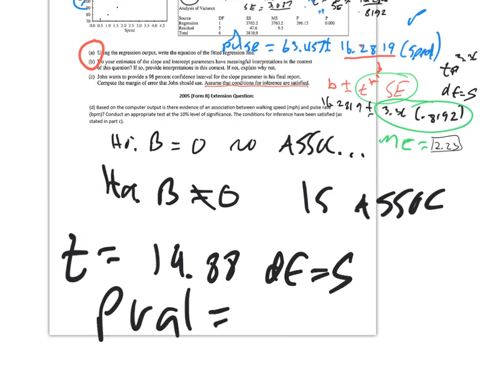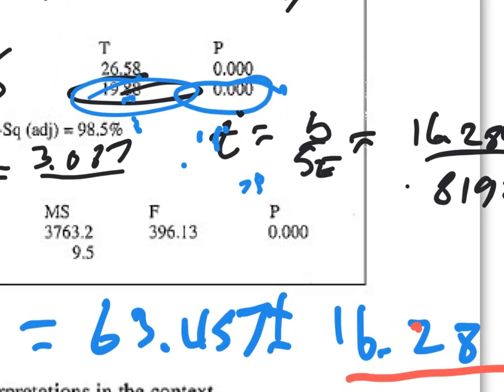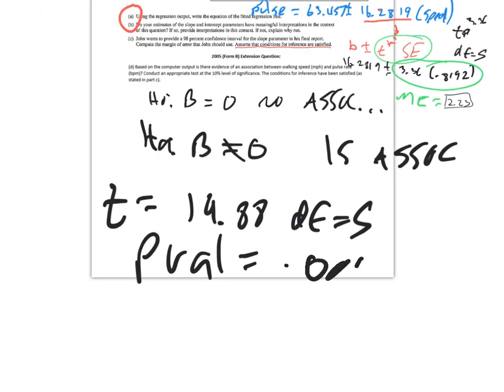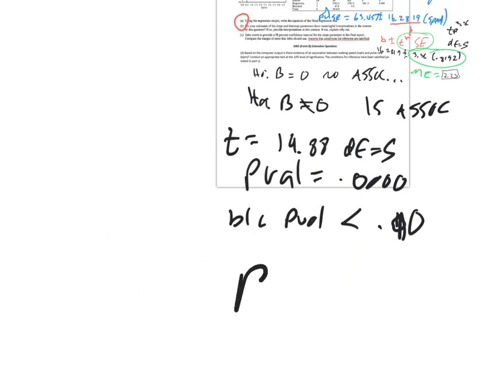P-value. P-value is given to me. What's the P-value? I circled it right here. 0, but use 4 decimals. 0.0000. Do I reject the null or do I fail to reject the null? Because the p-value is less than 0.1, I reject H naught.